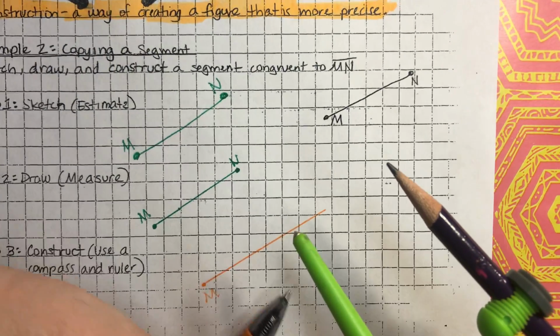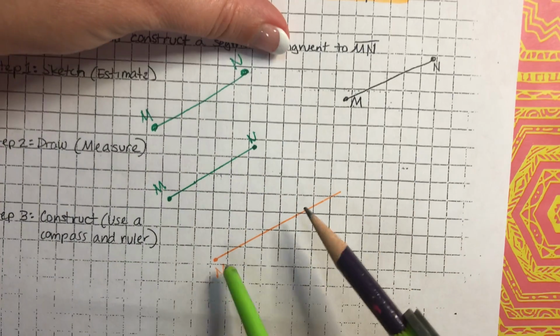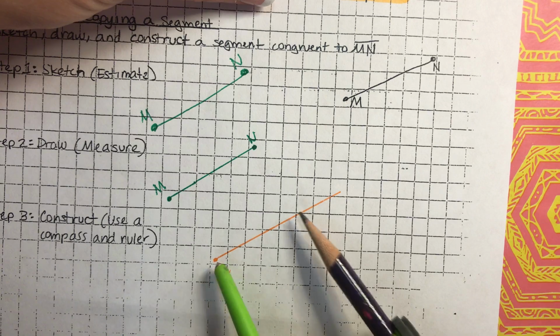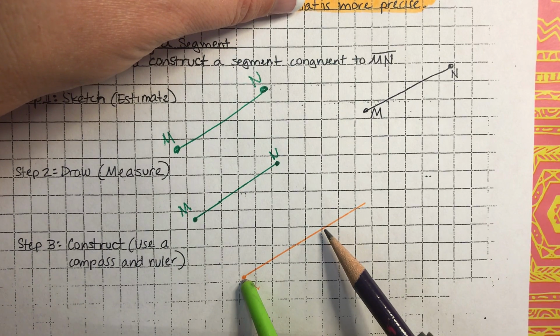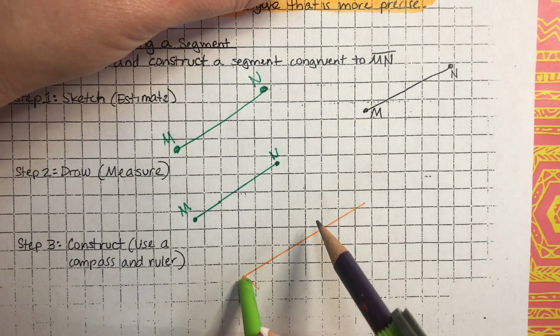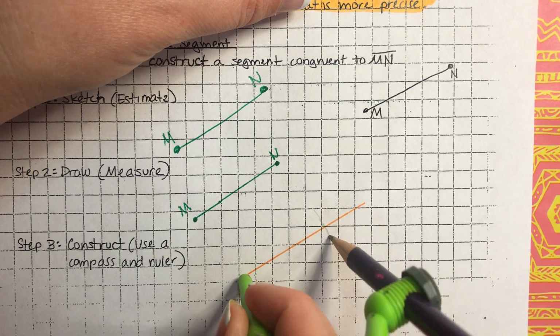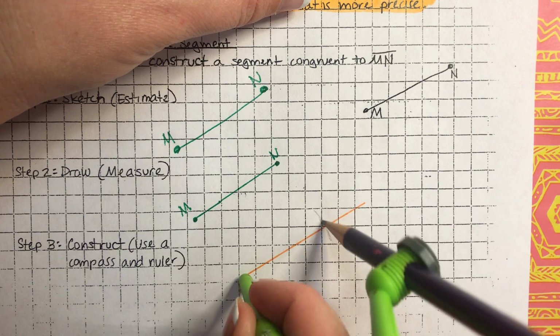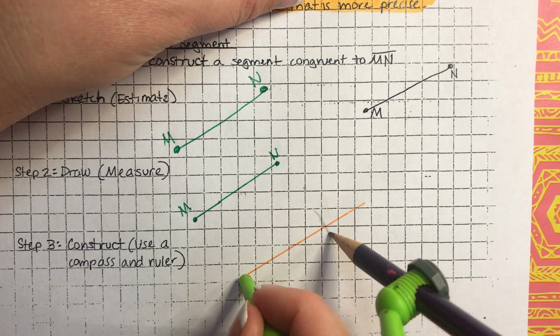So then I'm going to go over here to my lovely orange line where I put the M. You see my little orange M right there. I'm going to put the pointy thing on M like that, and then as I rotate this up, the pointy thing is right there on M. Then I just make a little hash mark. Can you see that pencil?